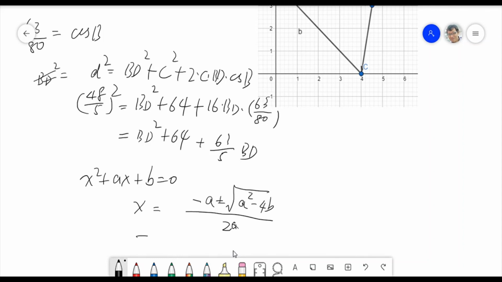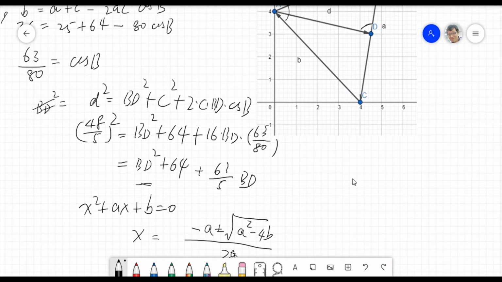This will be the answer to solve the BD. This will have a positive and a negative. If it is negative, x will be a negative number. But x is BD, the length cannot be negative, so this one should be positive. So you only have one solution.